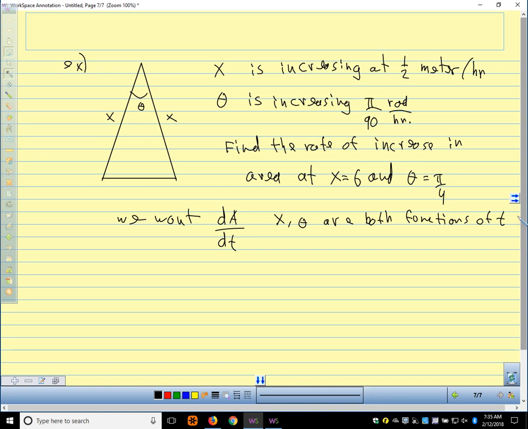So we need to write a function that gives us the area of this triangle in terms of x and theta. Well, for a triangle, what's our formula for area? Base times height divided by 2. Well, let's draw in a height here. There's h.